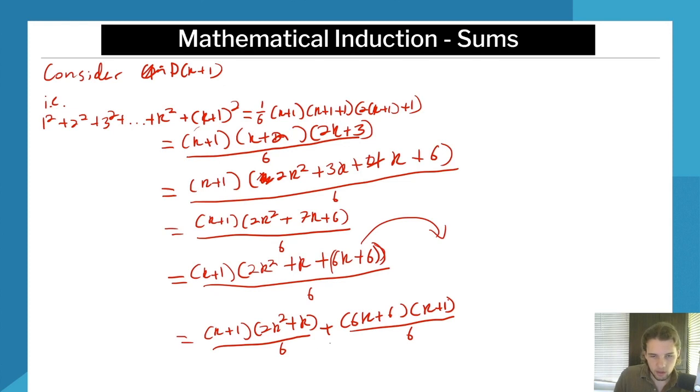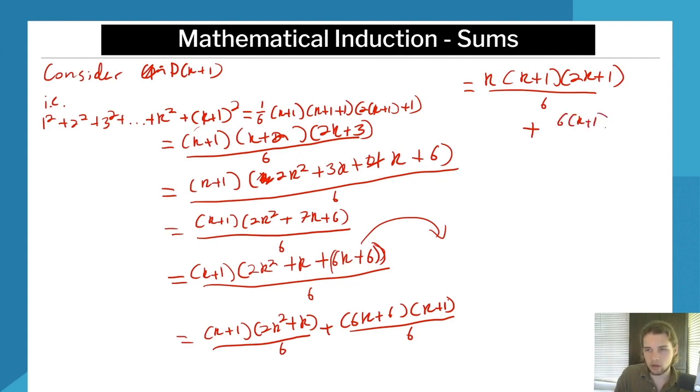Now, if we go up here and work it out a little bit more, we can take the k out of this set of brackets now, which is what I was trying to move towards. So then we end up looking like this, over 6. And then we have a plus, and then we can take 6 outside of these brackets, so it's 6, k plus 1, k plus 1, all over 6.